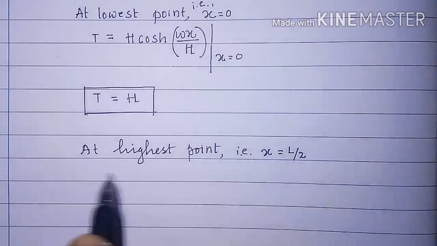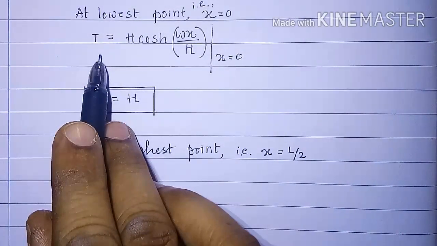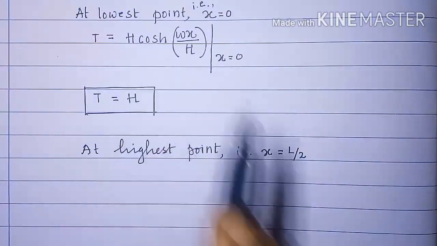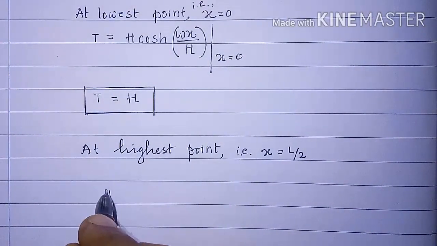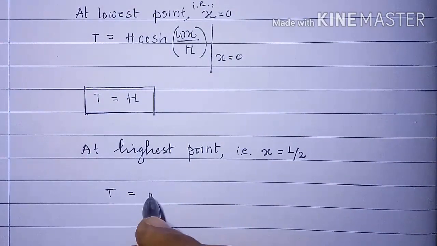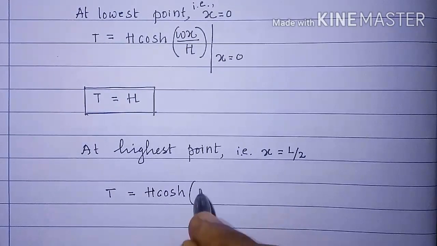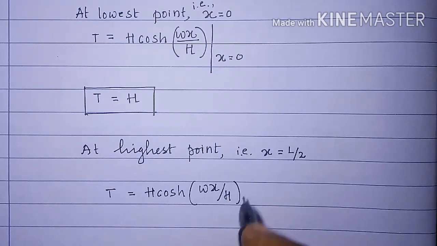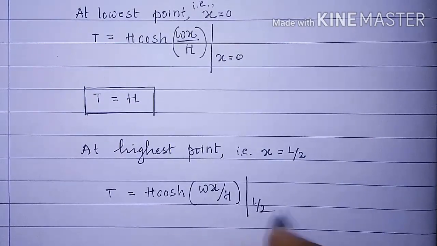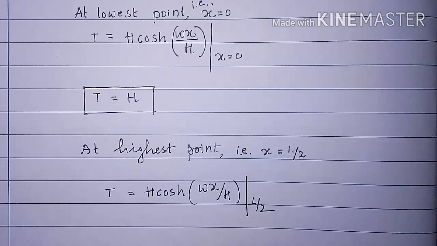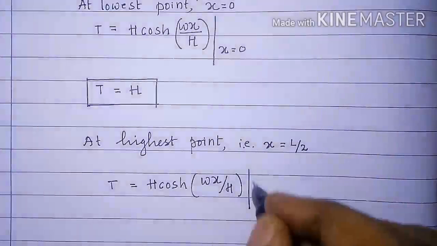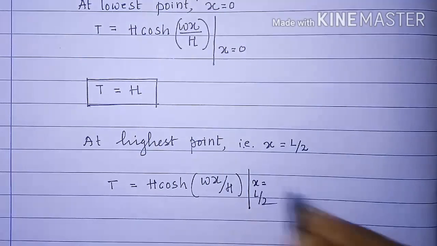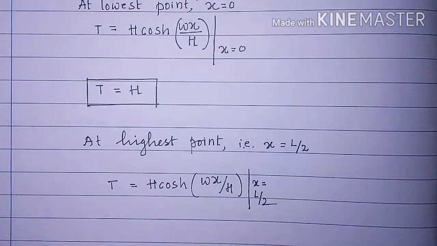So now by substituting x equal to L by 2 in the expression for capital T, we get T equal to h cos h of wx by h at x equal to L by 2.